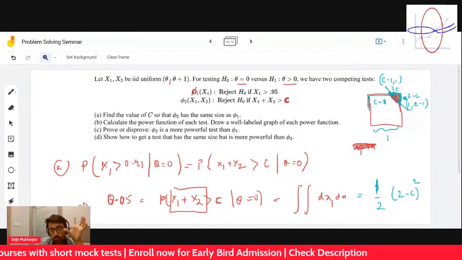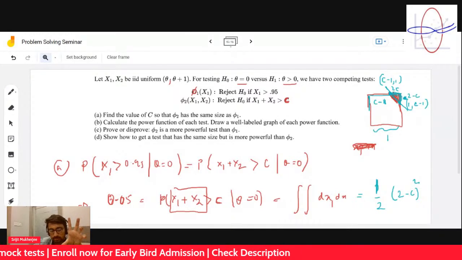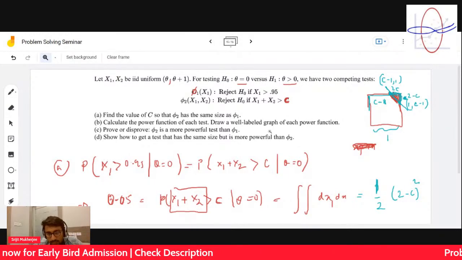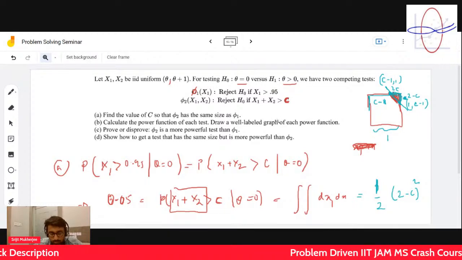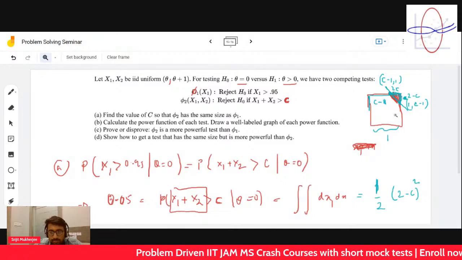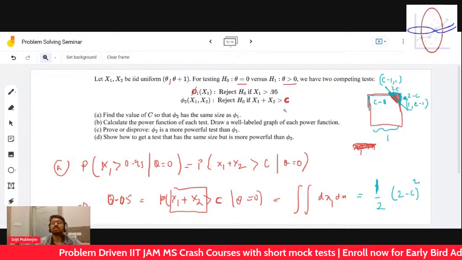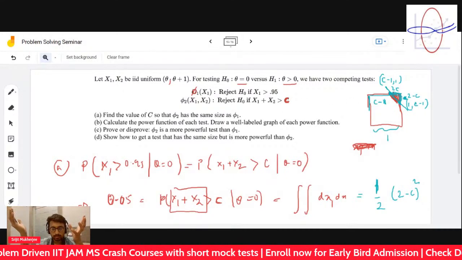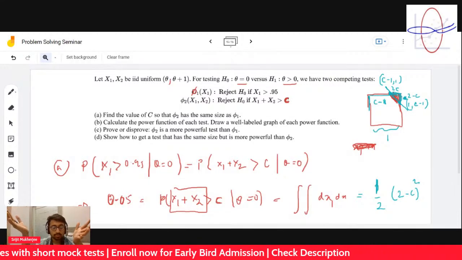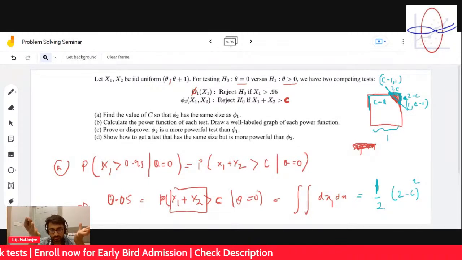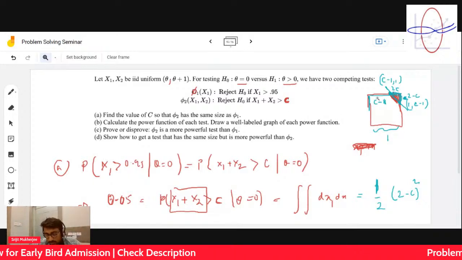Why I'm so focused on this is due to one reason: for C greater than 1, it will be different, and for C less than 1, it will be different, because x1 plus x2 is between 0 and 2, right? So that's the idea. If C is greater than 1, it will be different. If C is less than 1, it's different.